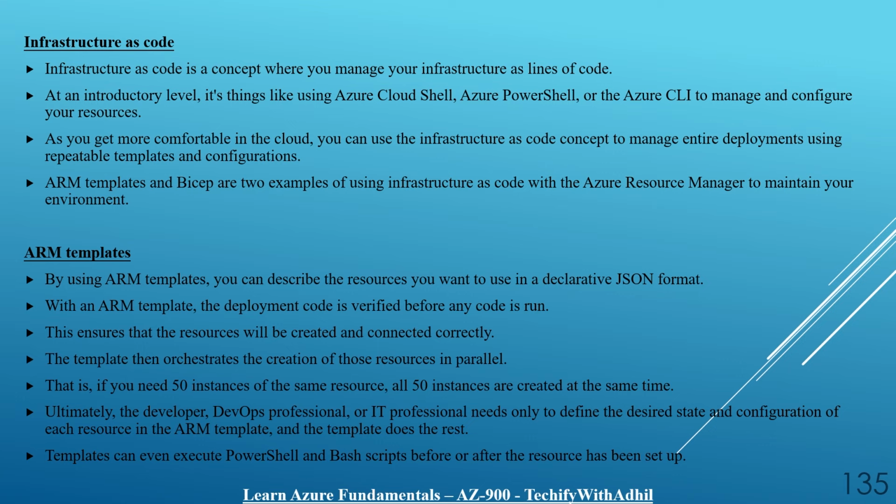So you just run the template. The template is going to create the virtual machine, do all the connections, and once that's done, at the end we will have code to run the PowerShell. That PowerShell will be running, which is going to install the application or do the settings based on the PowerShell script. So everything can be done at once, just by running an ARM template.